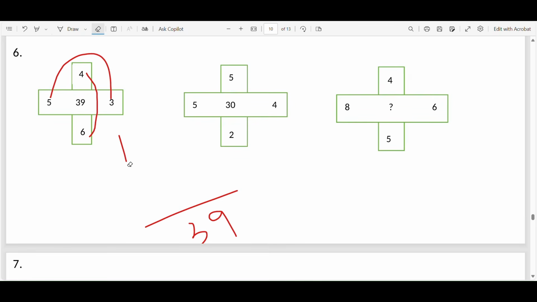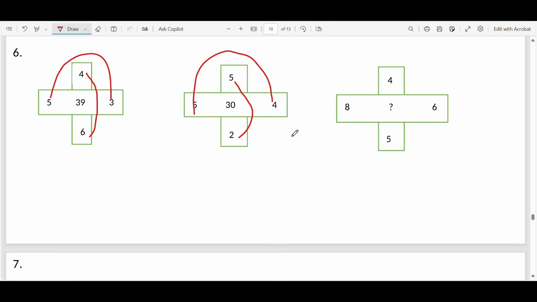This here also. Okay. Yes. Here also 5 into 2 we are having 10 and 5 into 4 we are having 20. 20 plus 10 will give you 30 itself. So this is true. So this is a correct pattern here in this question.